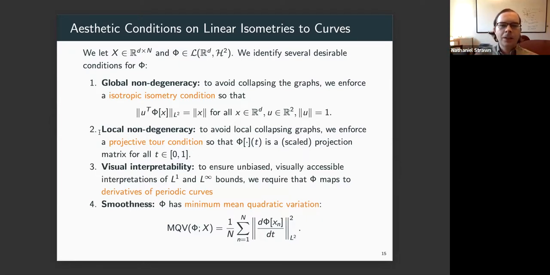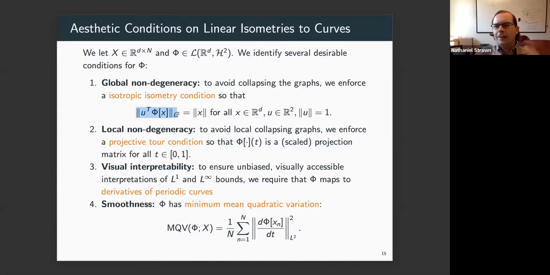The next property is a local non-degeneracy property. Even if you are preserving L2 along all these different directions, that's global over all time. You could still have a case where at a particular time slice, you're squishing the data flat into 1D, so all the data has to live in 1D.